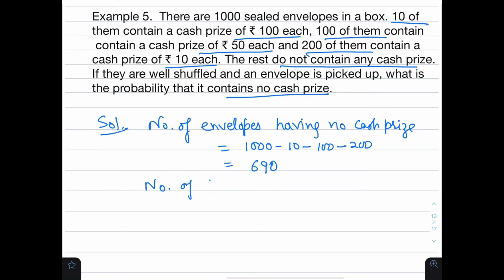number of total envelopes equal to 1000.